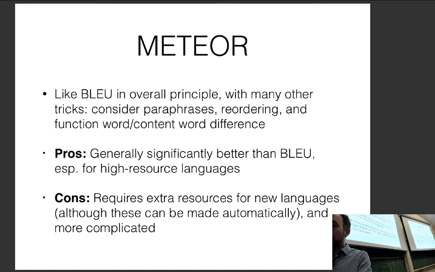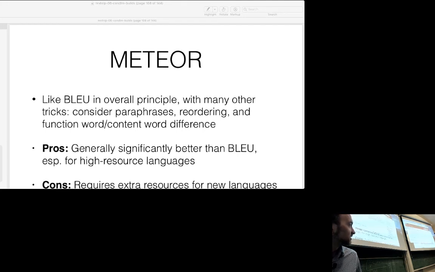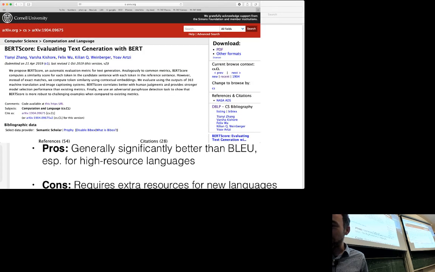I also don't have them in my slides, but we can also use neural networks themselves to evaluate our outputs. One example of this is this paper, BERTScore, evaluating text generation with BERT. So this is a paper that kind of had to happen at some point.